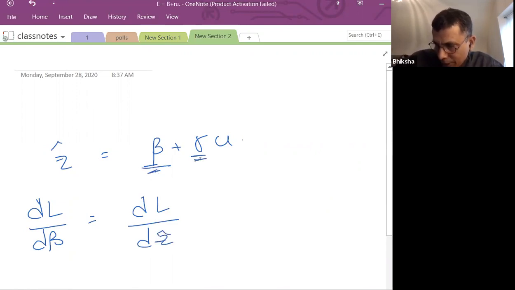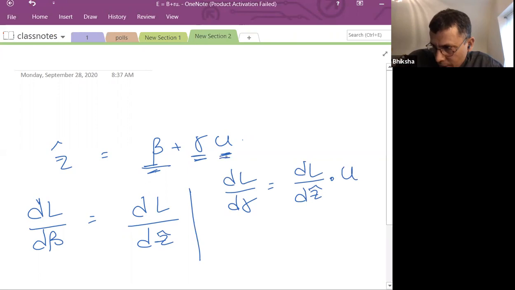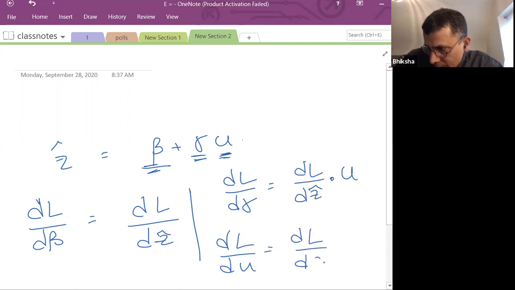We need the derivative with respect to gamma. And again, looking at this equation, you can see that the derivative of the loss with respect to gamma is going to be the derivative of the loss with respect to z hat times u. And we can also compute the derivative with respect to u. The derivative of the loss with respect to u is similarly going to be the derivative of the loss with respect to z hat times gamma, right?